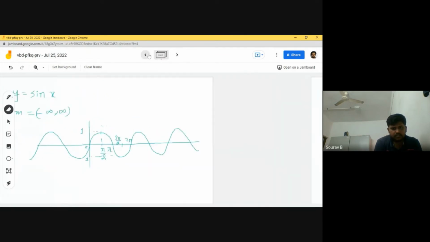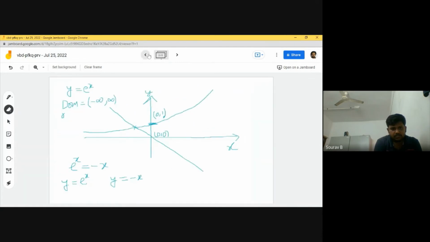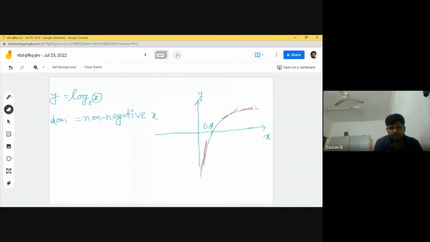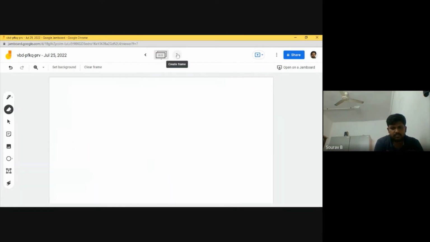Next, what we said we will be discussing. Yeah. So next we will be discussing this: once you are given y equal to f(x), in that case, you have to find y equal to f of mod x.